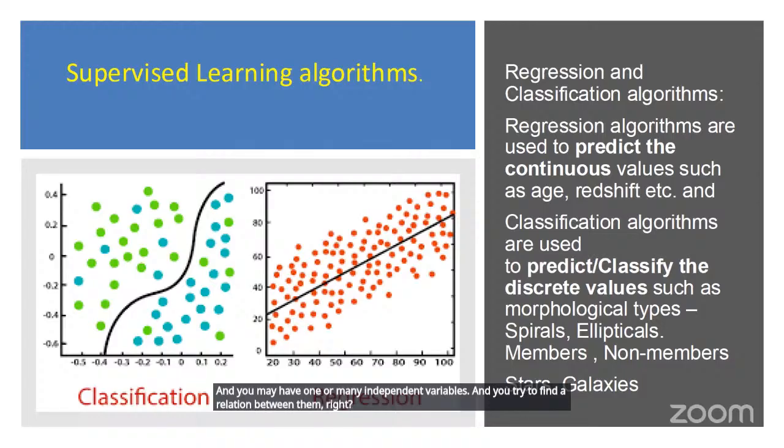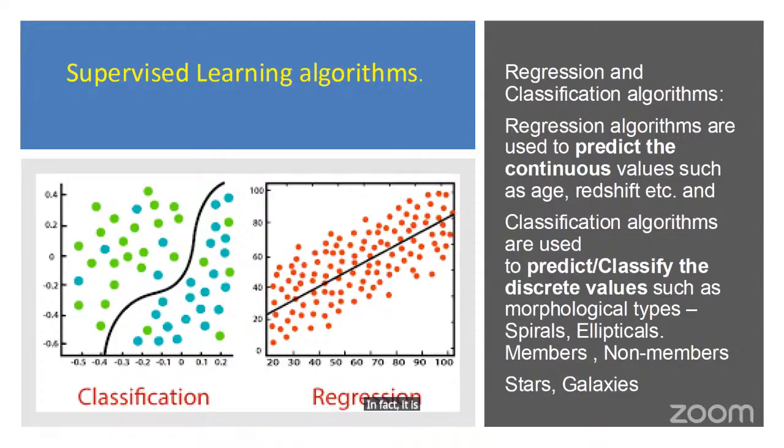Regression is used for continuous values, such as ages or redshift values, where you have a continuous range of values and you are trying to fit them.